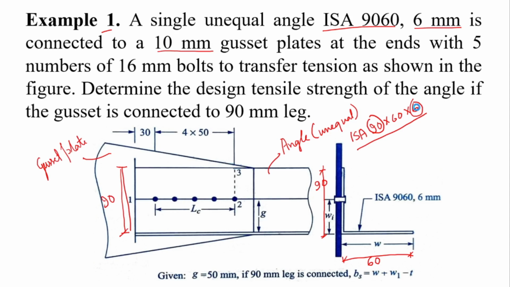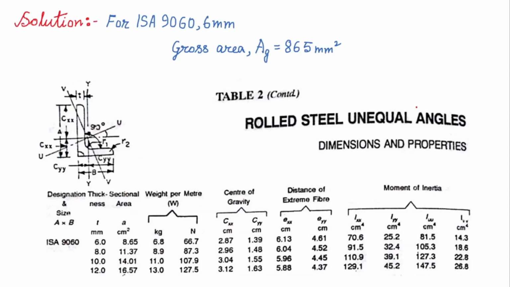So let's start the solution part. For ISA 90-60, 6 mm, we have to follow the steel table.